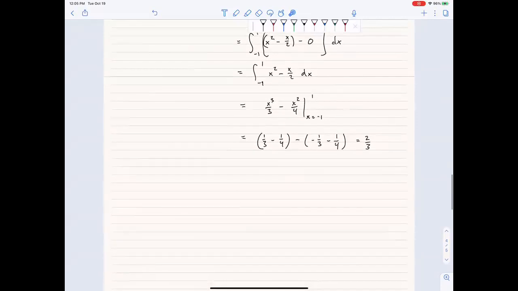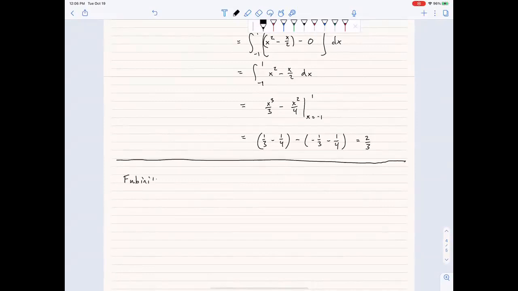So there is an amazing theorem called Fubini's Theorem. Other questions? Okay, Fubini's theorem should be thought of as being as important to multivariable calculus as the fundamental theorem of calculus is to one variable calculus.